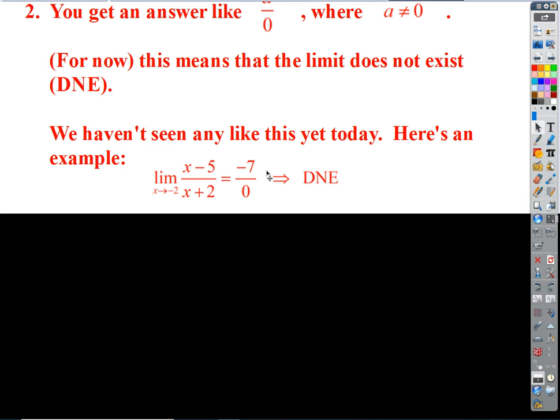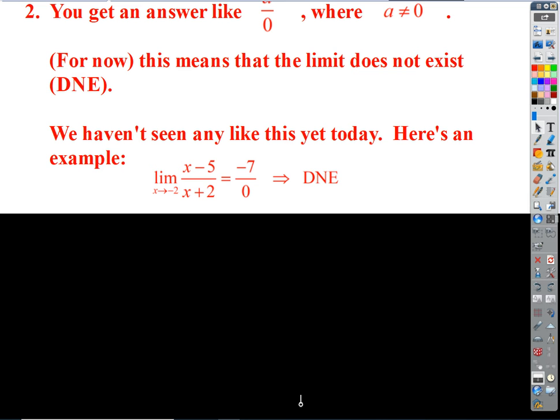Let's just say hypothetically that when I approach negative 2 from the right, the limit ends up being negative infinity. And we'll talk about how you get those. You don't know that yet, so don't panic. We approach from the right, it's going to plunge down to negative infinity, which is more useful than just doesn't exist. It actually tells us what it's doing. It doesn't exist, but what's it doing asymptotically.